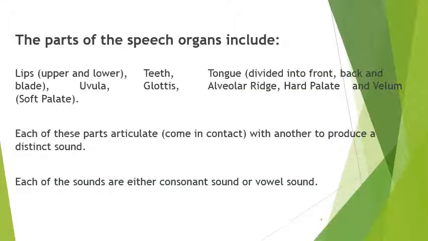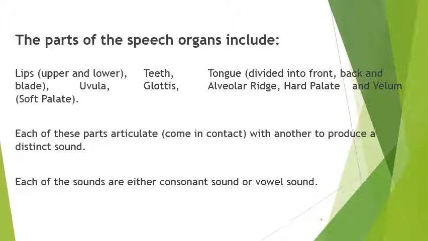As you can see, these slides explain further what we have taken in the previous slides, because they contain parts of the speech organs which include lips. And lips, as we have taken in the previous part, are also divided into two: upper lip and lower lip. We have teeth. They are also speech organs.